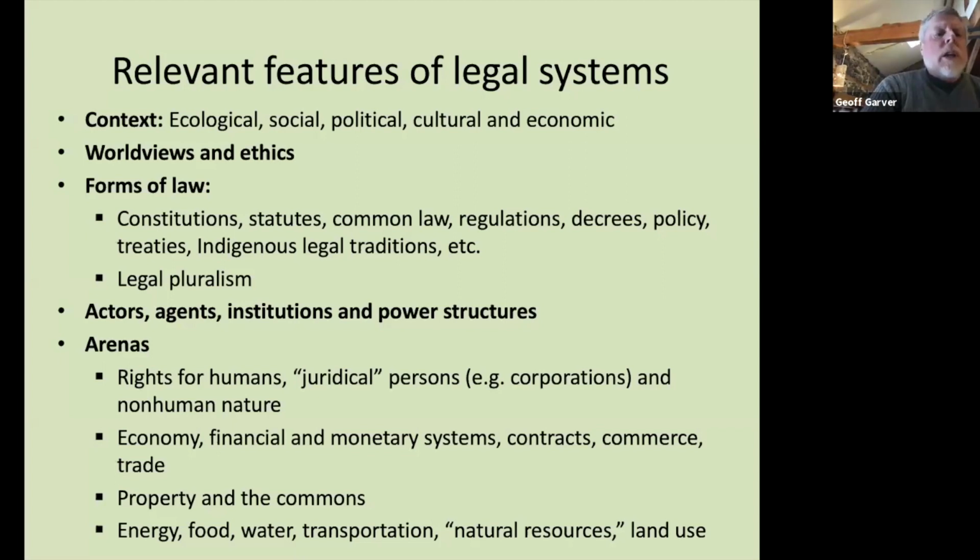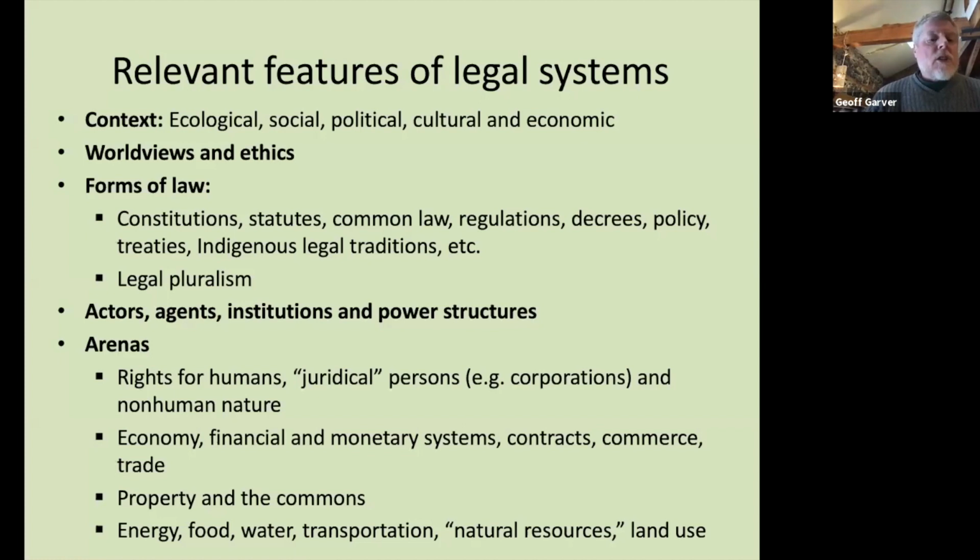These case studies really are a good venue in which to explore and apply legal pluralism, the many ways, both formal and informal, in which societies come up with norms that guide behavior relatively consistently or predictably. And then again, we have to keep in mind all of the actors, agents, institutions, and power structures that are related to law.